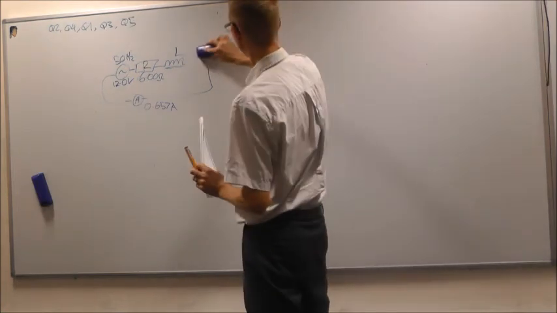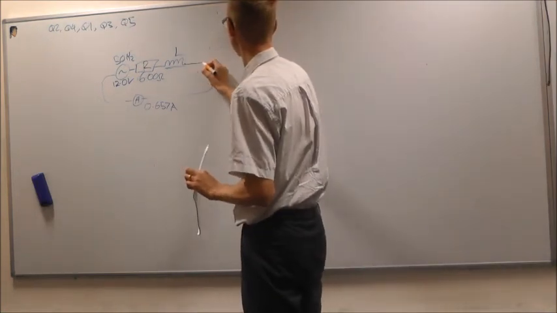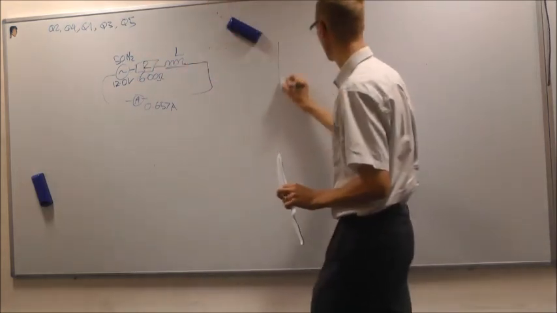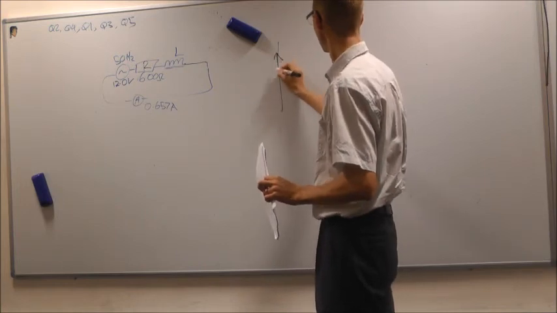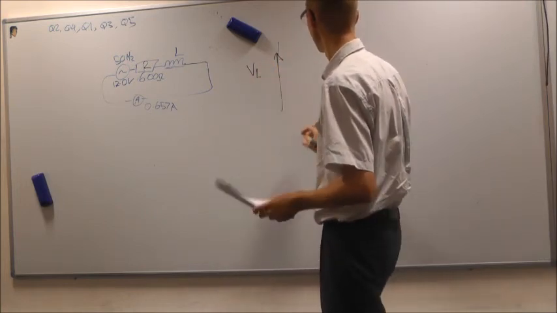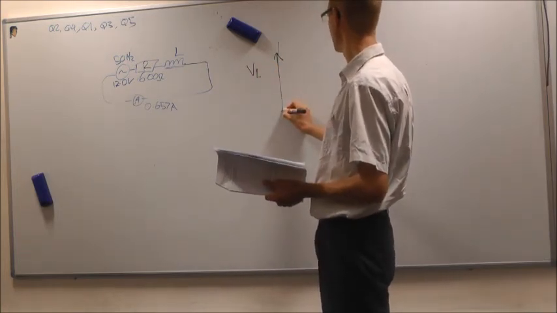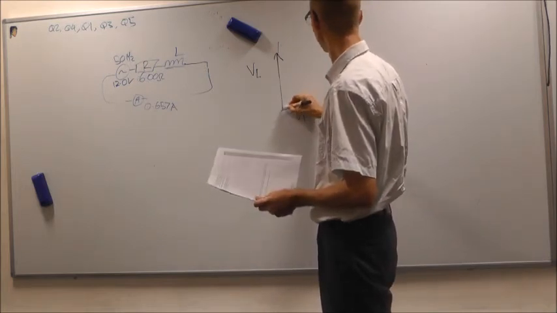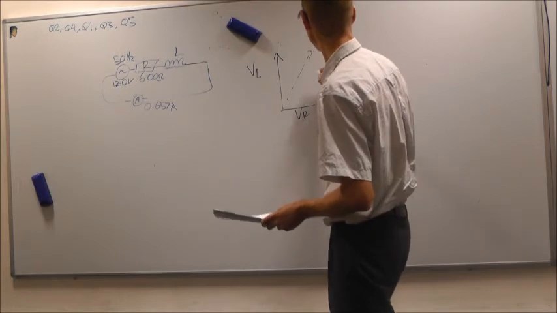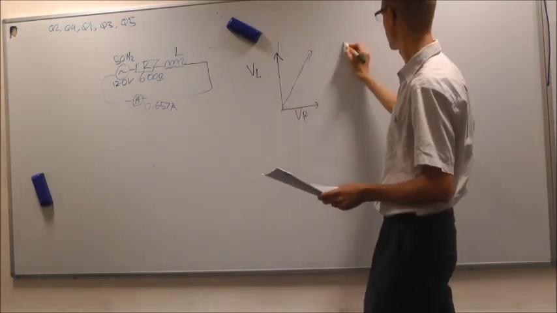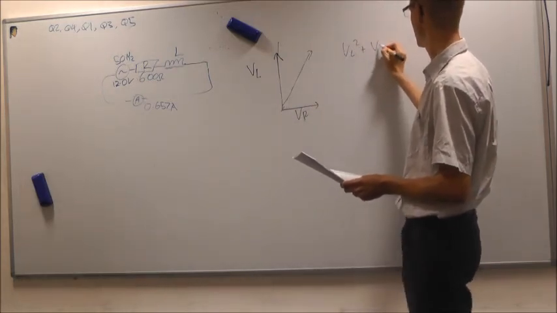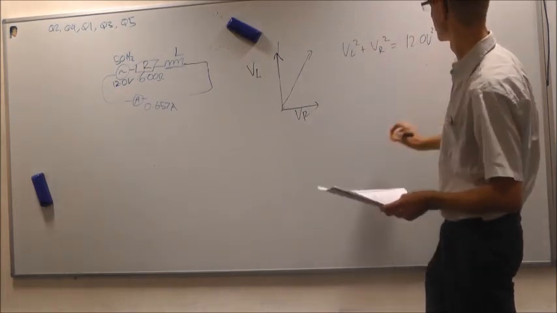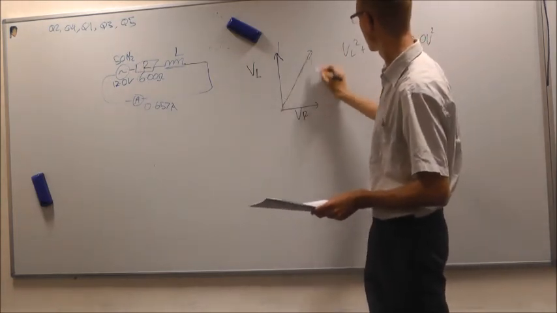Let's get rid of that. Right. And let's just do the case where you've got that and that. So our phasor diagram, we've got a voltage over L, we've got a voltage R, and there's our net voltage: VL squared plus VR squared equals 12 volts squared by Pythagoras.